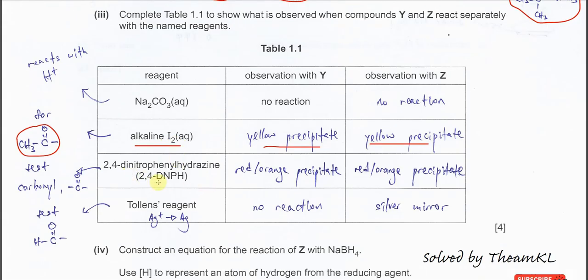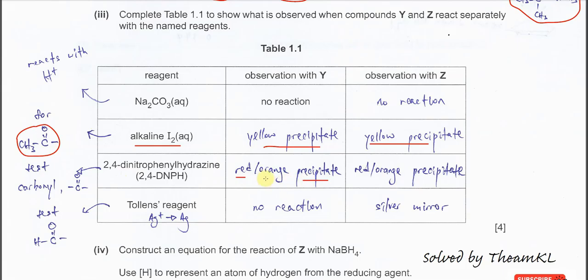For the 2,4-DNPH, this one is for the carbonyl group. In your syllabus, the carbonyl groups that will have a positive result with 2,4-DNPH are ketone and aldehyde. So whenever there is a ketone or aldehyde, it will react with this 2,4-DNPH and form the red precipitate.